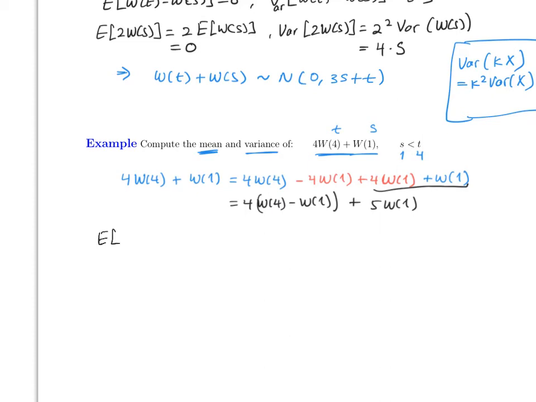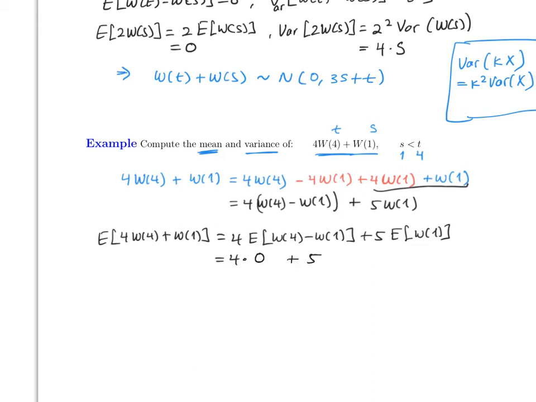Again, if we use the results from the previous example, we know that the expected value of 4W4 plus W1 has to equal 4 times the expected value of W4 minus W1, plus 5 times the expected value of W1. Now remember that this has a normal distribution with mean 0, so it will be 0, and therefore this one is also 0.